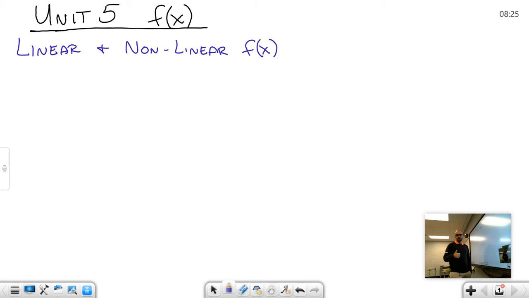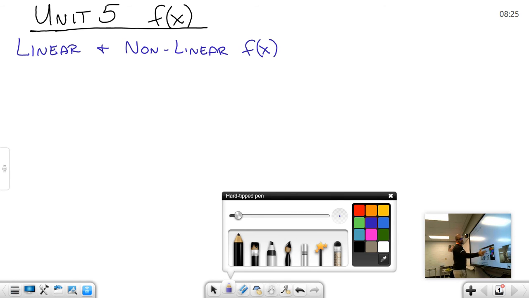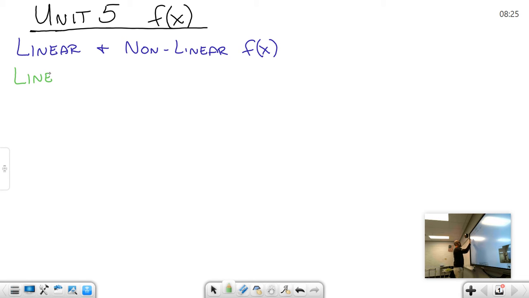There's a graphing component, and then there's the equation component. There are just a couple of things you have to look for. The first one we're going to focus on is linear. Linear functions.